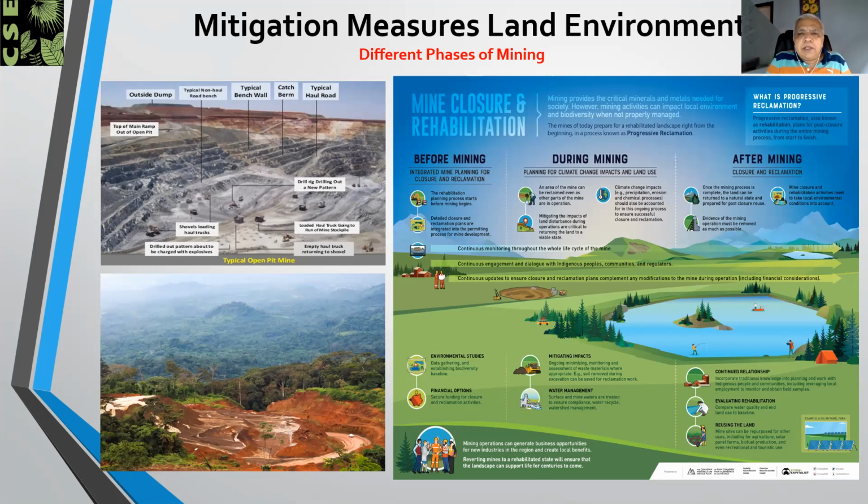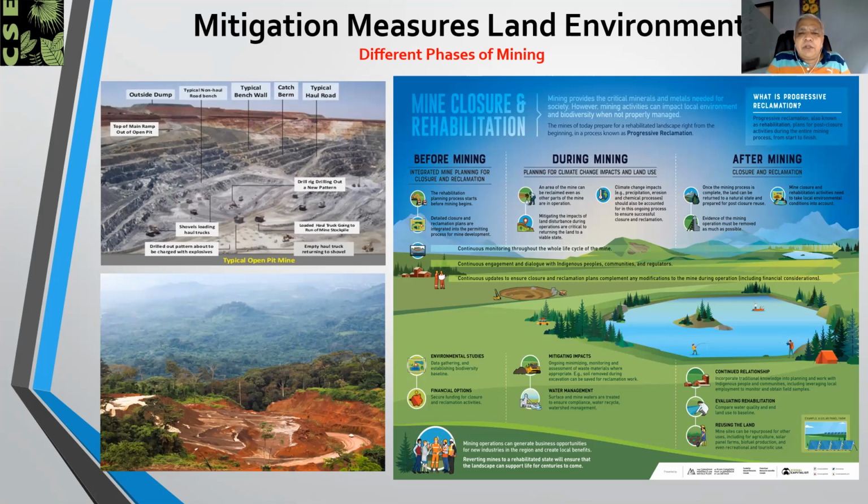Of course, this is now mandatory, both through the IBM, which regulates mines in India, the Indian Bureau of Mines, and the MOEFCC, which looks at all these plans before they grant an environmental clearance or a permission for mining for 5 years in this particular project.